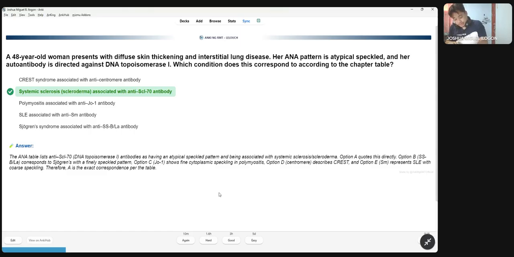DNA topoisomerase 1. It's anti-Scl70. Okay. Anti-DNA topoisomerase.